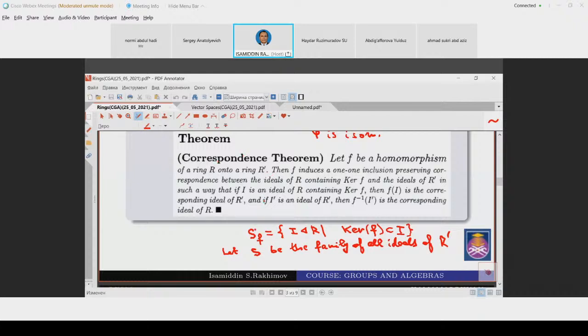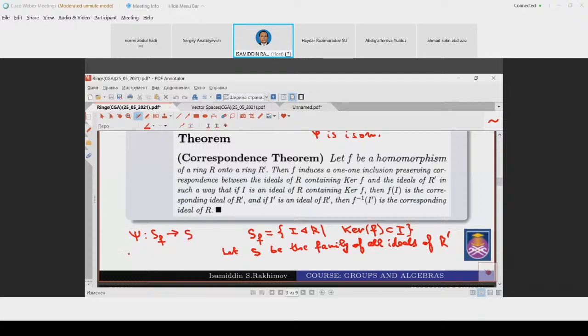How can this correspondence be established? Let me take psi from S_F to S as follows.